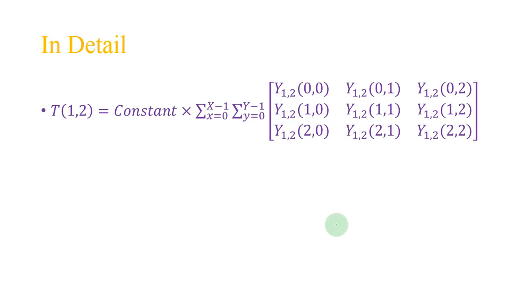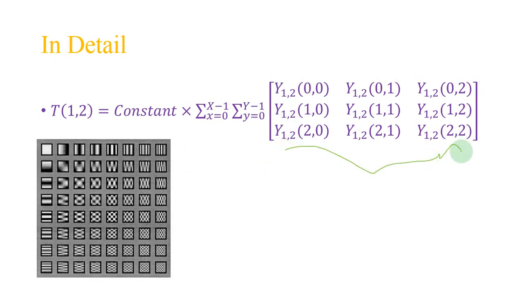So after the element wise multiplication of b of 1 comma 2 and I, we will obtain y of 1 comma 2. Then after this we will sum all the values of this matrix. All the values will be summed up and multiplied with the constant, and we will obtain the value of t of 1 comma 2.